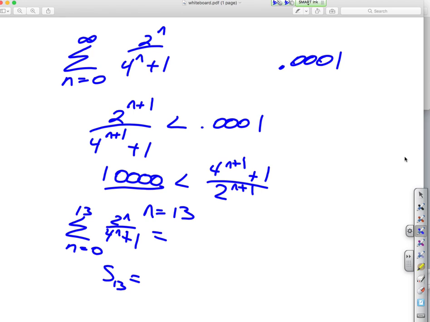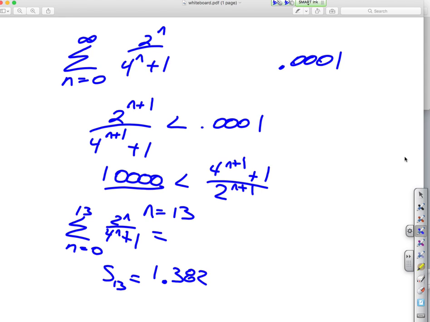I captured all of that. What'd you get? 32,764. Wait, I got 1 point something. There you go. 1 point something is what it is. What is it, Kevin? 1.382. How many decimal places do you want?